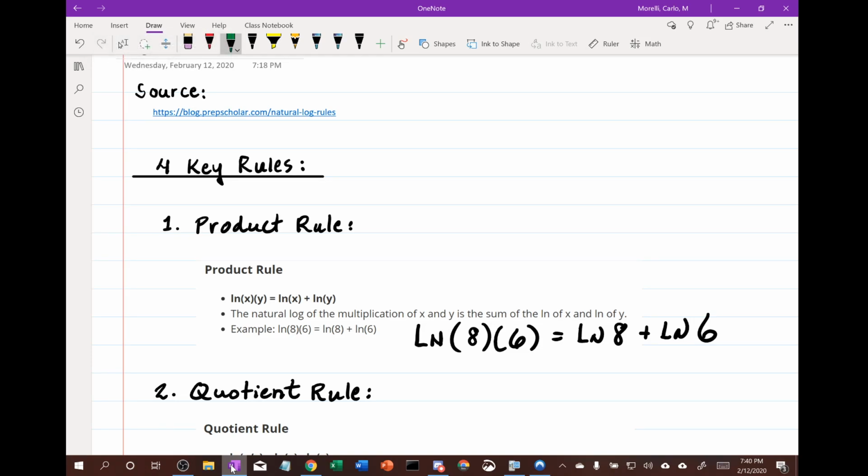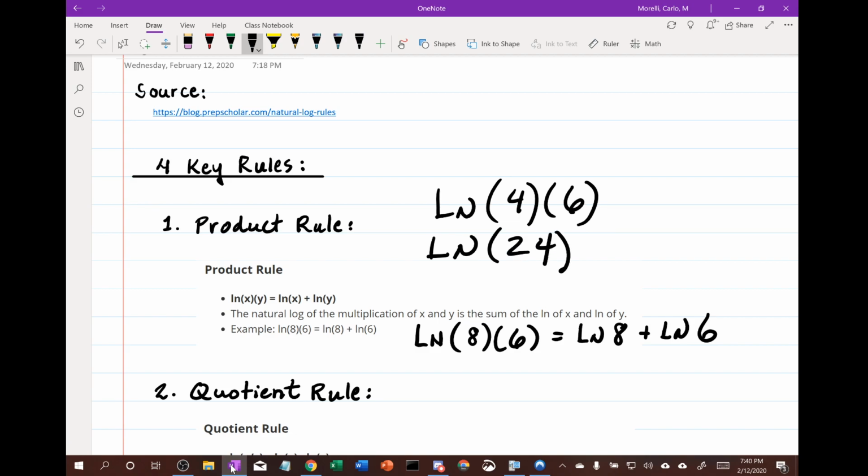Let's do another one. Let's do ln of 4 times 6. So this would be the same thing as, now we've proven it, the same thing as writing the ln of 24.